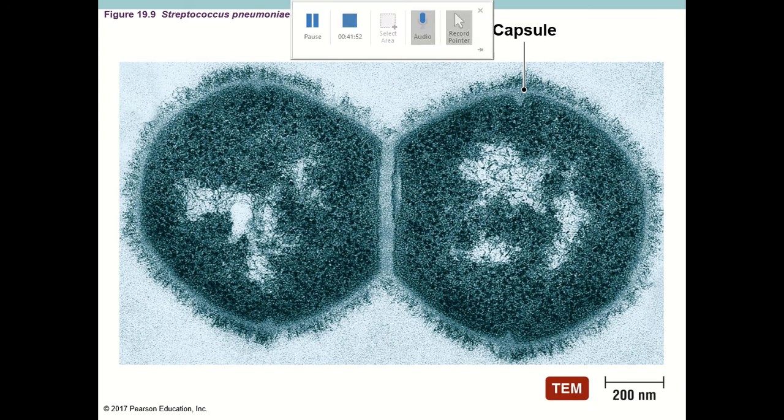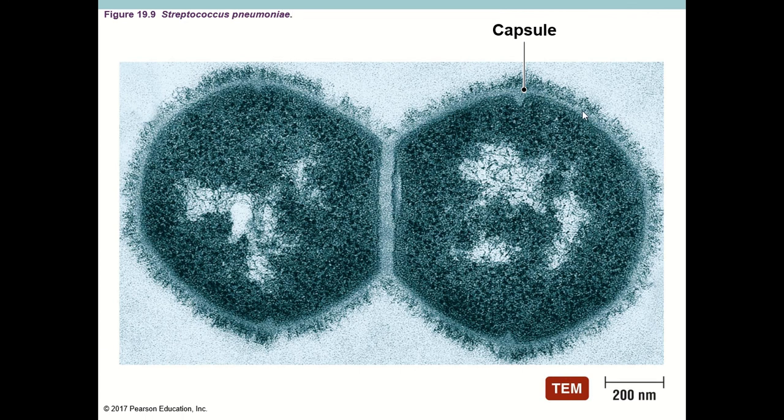Okay, so it's essentially a very thick cell wall made up of polysaccharides, which are carbohydrates, that give it its resilient characteristics within the body.